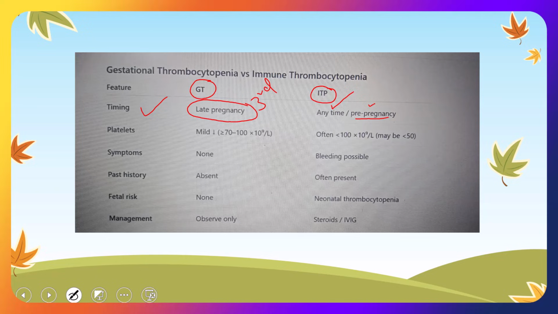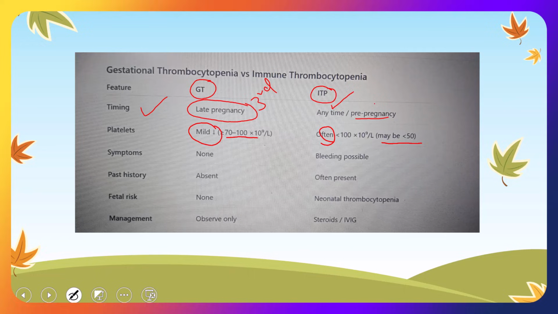Please note this point. Next, what about the platelet count? In GT, the platelet count, as I just mentioned, is just a mild decrease, usually between 70 to 100. In ITP, it is usually less than 100 and it can come less than 50 as well.